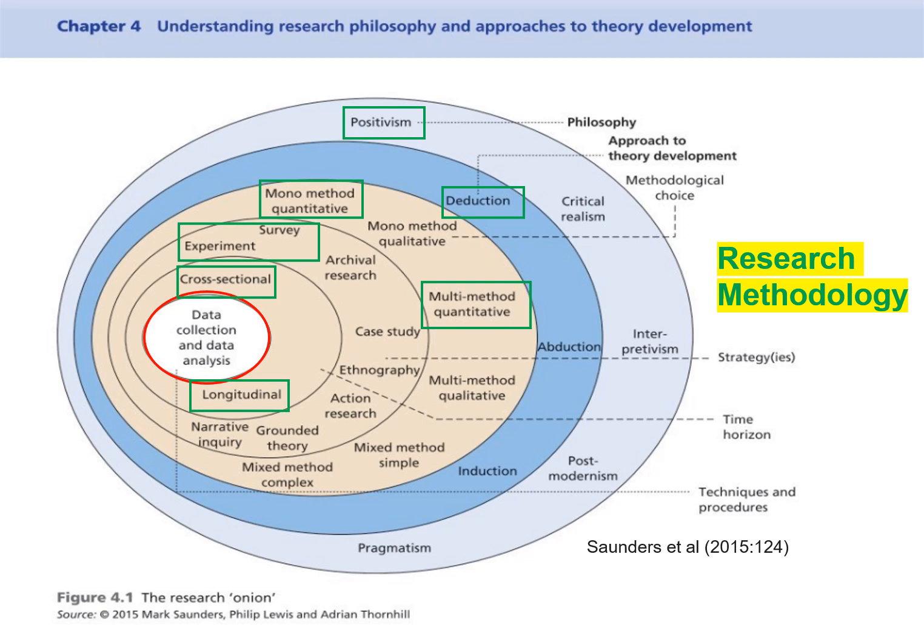So the approach to theory development would be: you look into the existing literature, develop hypotheses, and then you test the hypotheses. When you move into the third layer, methodological choice, it's very likely in relation to the positivist research and the deductive approach.